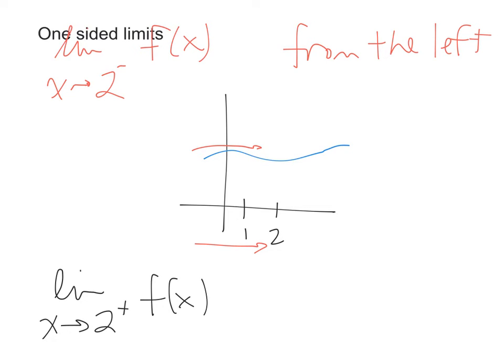If I'm looking at the same function here and approaching it from the right this way, I'm going to follow it along wherever it is, coming from the right-hand side of it, and hit right there. Coming from the right. So we've got limits coming from the left and limits coming from the right.